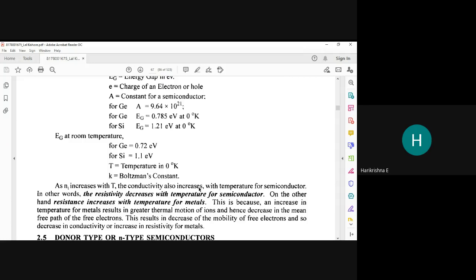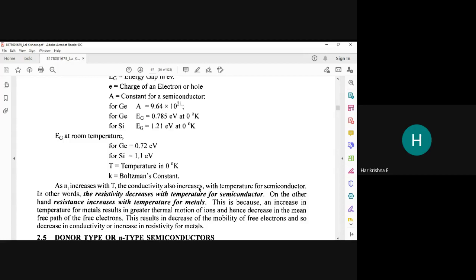So if temperature changes, Ni will change and the conductivity also increases. Conductivity increasing means resistivity is decreasing. So the resistivity of a pure semiconductor decreases with increase in temperature. That's why a semiconductor device is generally said to have a negative temperature coefficient of resistance.